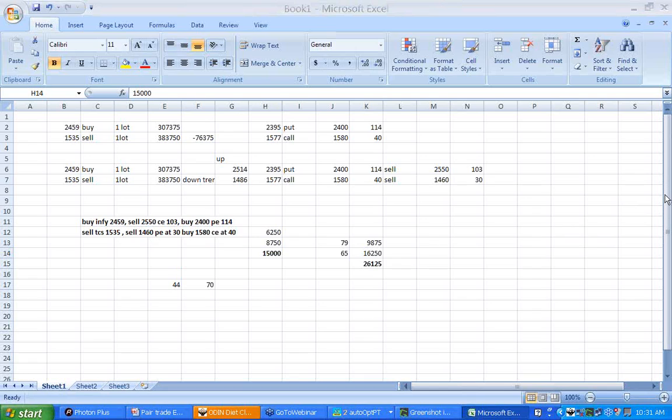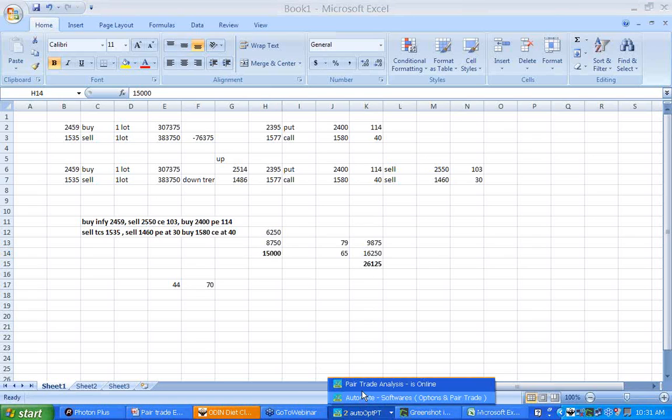I have given this projection with the view that you are going to hold till expiry, and the Infosys you have bought is falling and the TCS you have sold is rising. In this worst scenario, your losses will be 15,000.